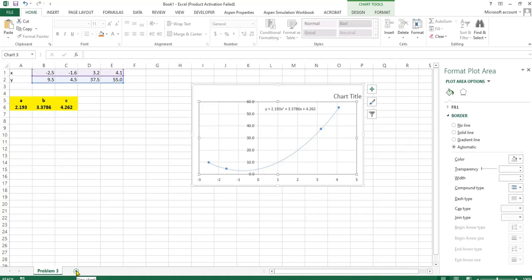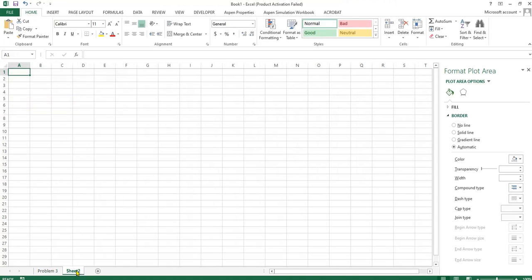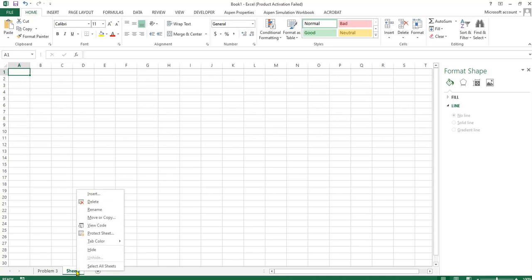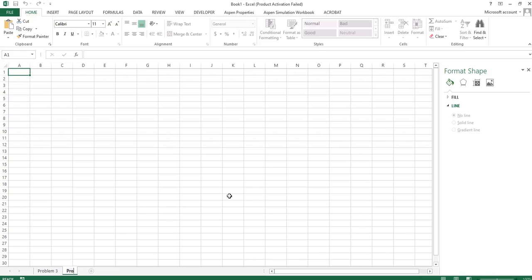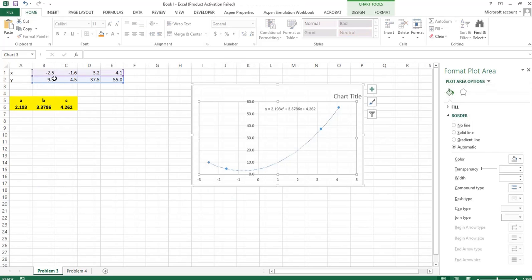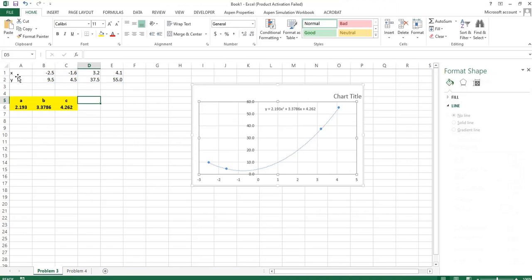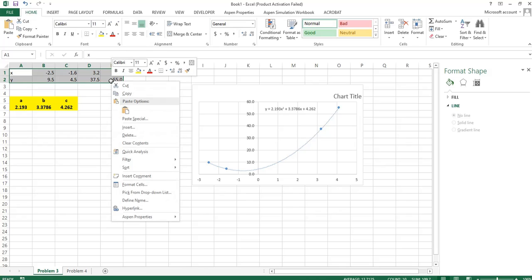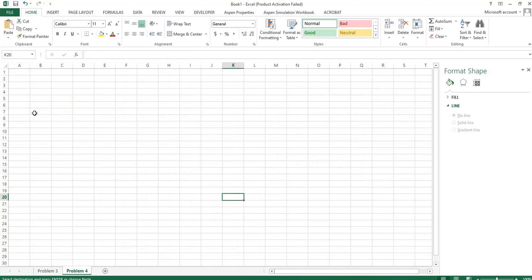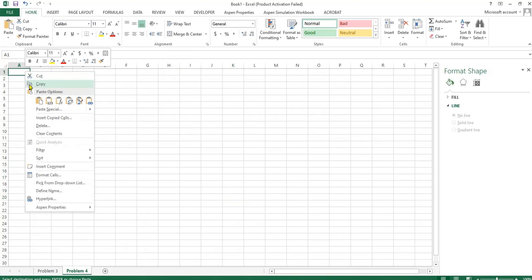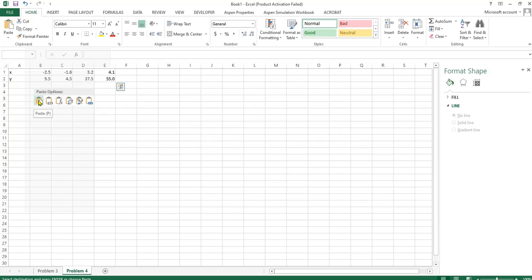Now click this to add another cell. Right click, rename it problem 4. Now what I'll do, just copy this value here, come here, and just paste it.